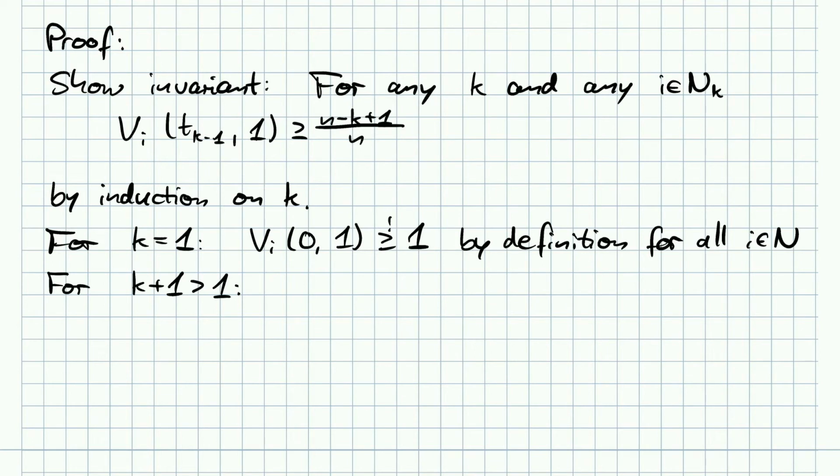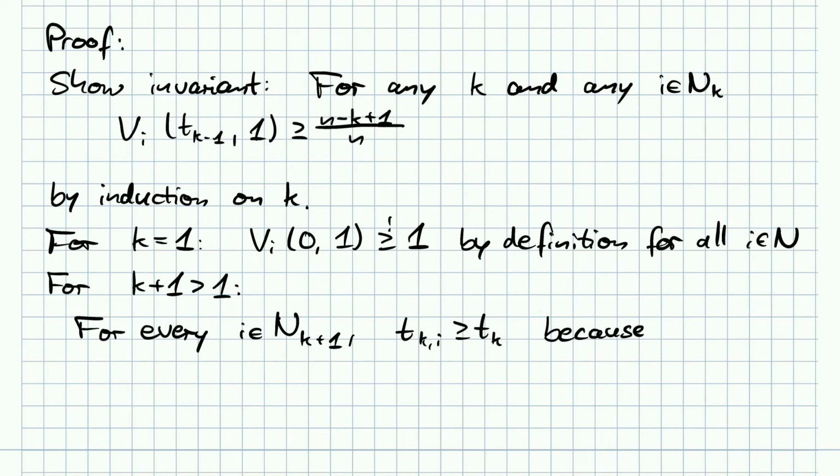What do we have? We'll have that for every agent in the remaining set nk plus 1, tk,i will be at least tk, because tk was the smallest such value.